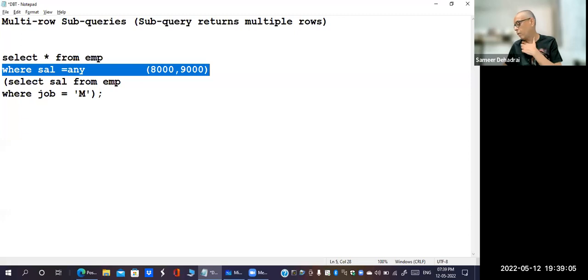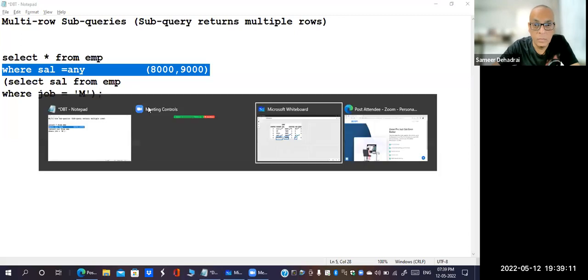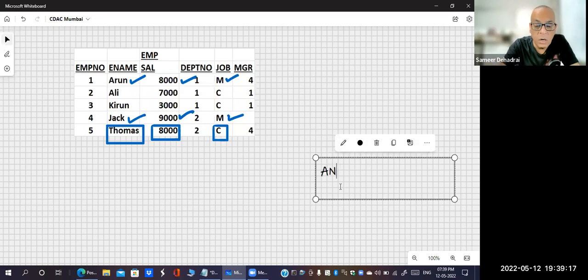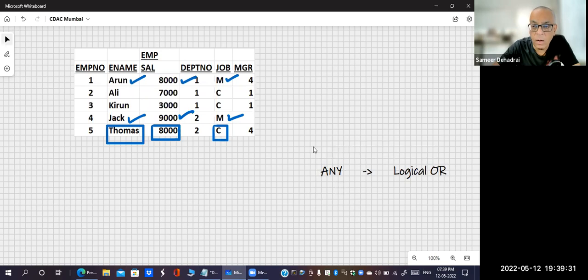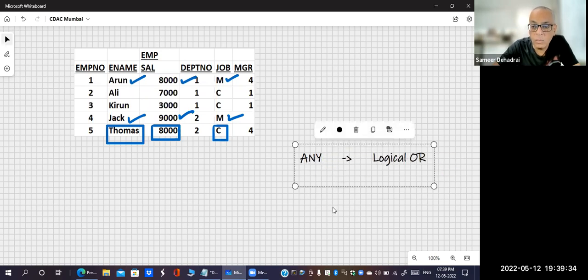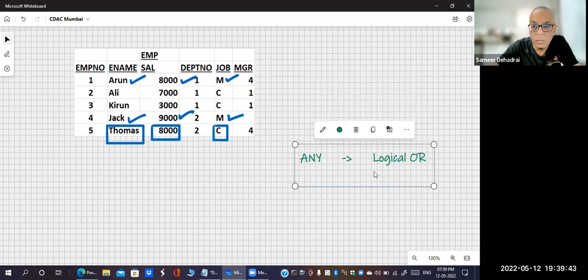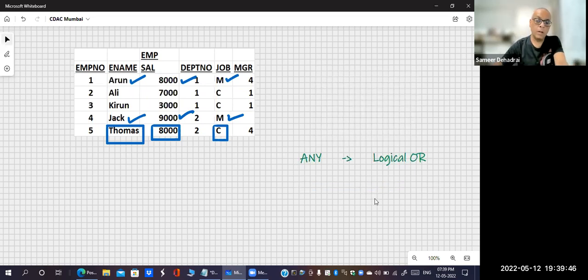The any operator will perform logical OR. That's what the any operator does.